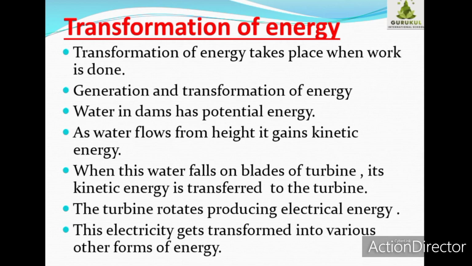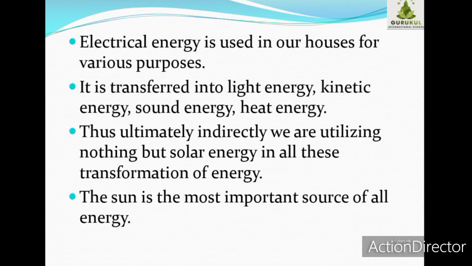Now this electricity is provided to various places, correct? And we are using this electrical energy for various appliances or devices. Electrical energy is used in our houses for various purposes. It is transformed into light energy, kinetic energy, sound energy, and heat energy.